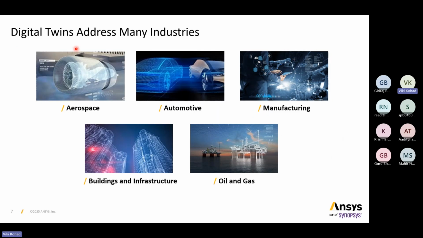Next, in digital twin technology, there are many industries: aerospace, automotive, manufacturing, building and infrastructure, oil and gas. For example in aerospace applications, one airline uses the ANSYS Twin Builder, or incorporated digital twin technology, in their engine system, the aerospace engine system.